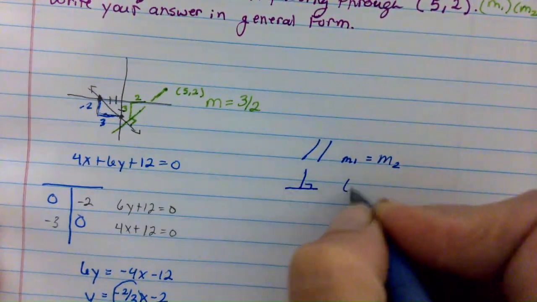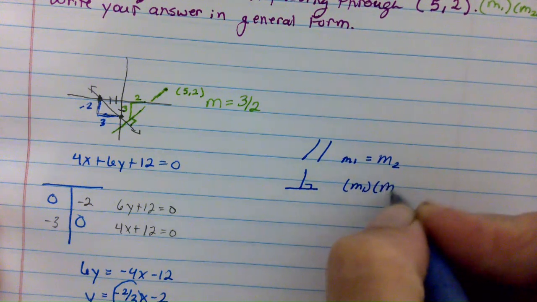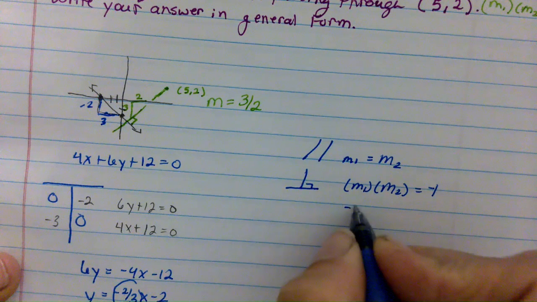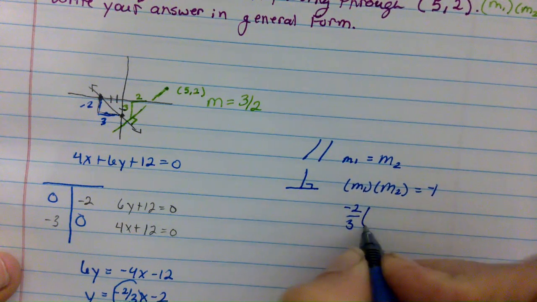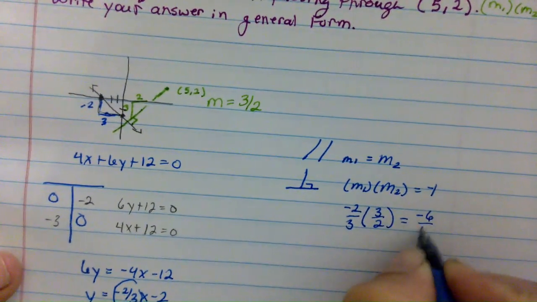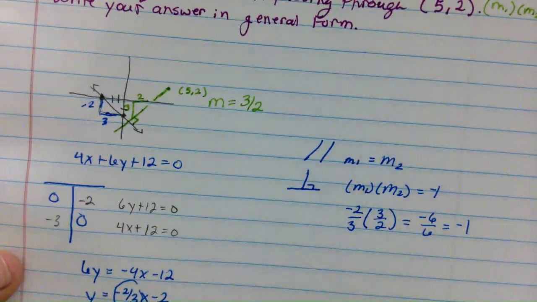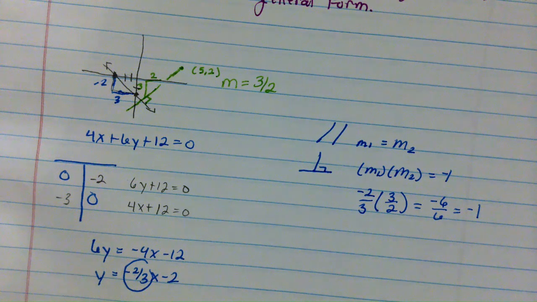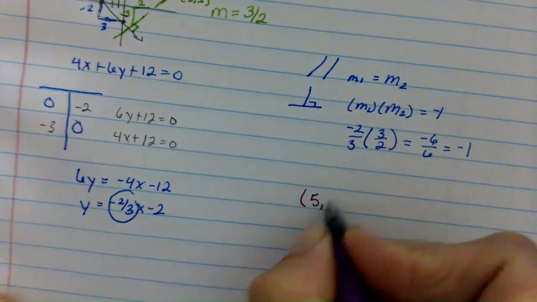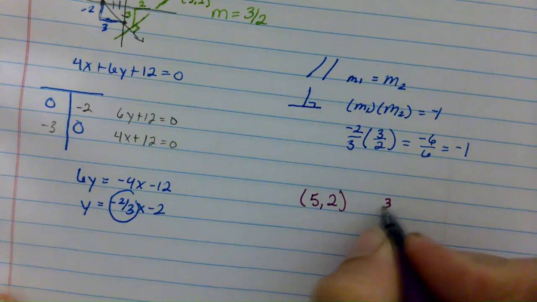Perpendicular, slope 1 multiplied by slope 2 equals negative 1. And you can check that with negative 2/3 times positive 3/2 is definitely going to be negative 6 over 6, which is negative 1. Okay, so our point, what we care about, is 5, 2, and our slope is 3/2.